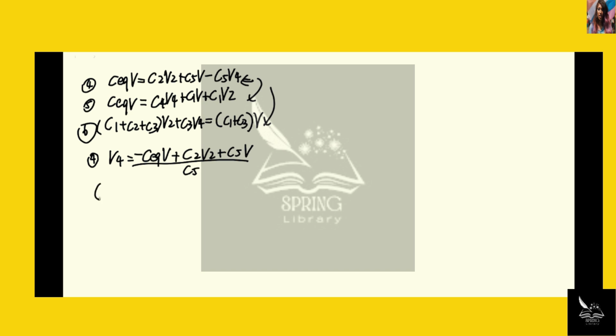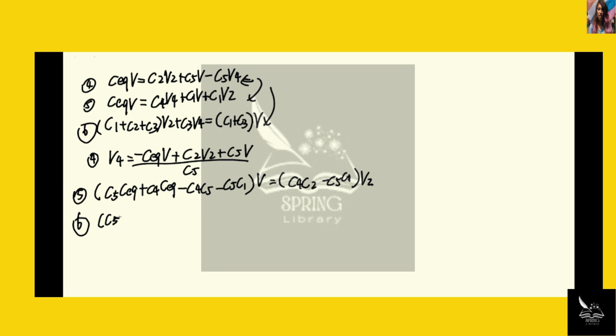So after I simplify both of them, 5 and 6 will become C5 C equivalent plus C4 C equivalent minus C4 C5 minus C5 C1 V equals C4 C2 minus C5 C1 V2. Because we have eliminated v1, v3, v4, v5, the only two voltages we have left right now should be V and V2.